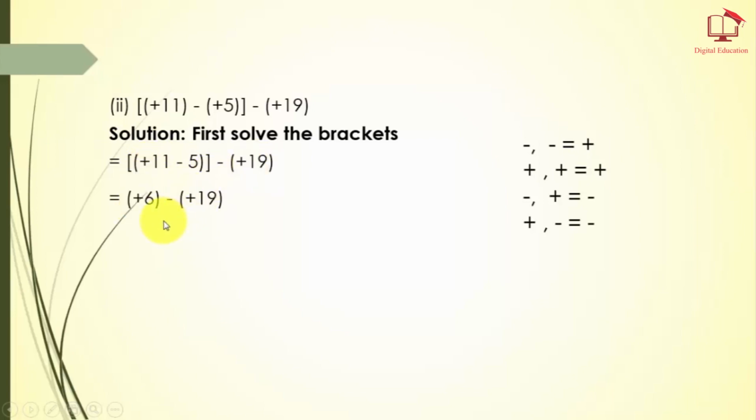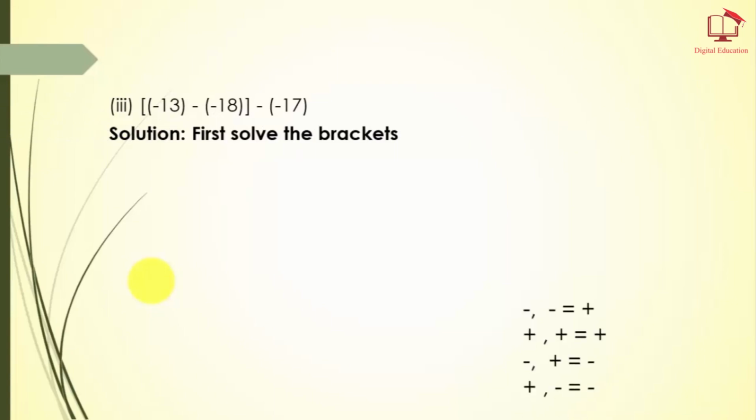Plus minus minus again, and plus minus minus 19 minus 6 we have 13, and 19 you know that is greater. It has a negative sign. We will write in our answer the negative sign also. Part number 3. Same, we will solve the bracket first.